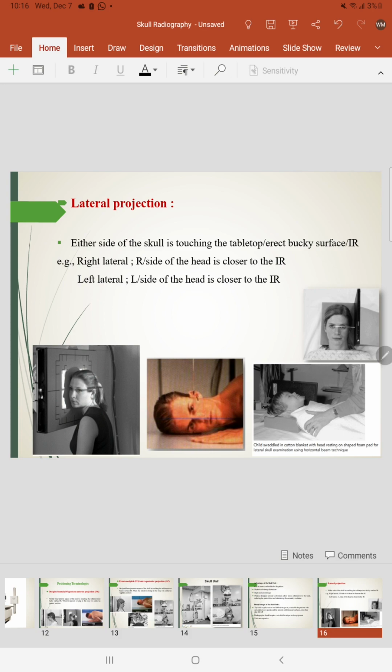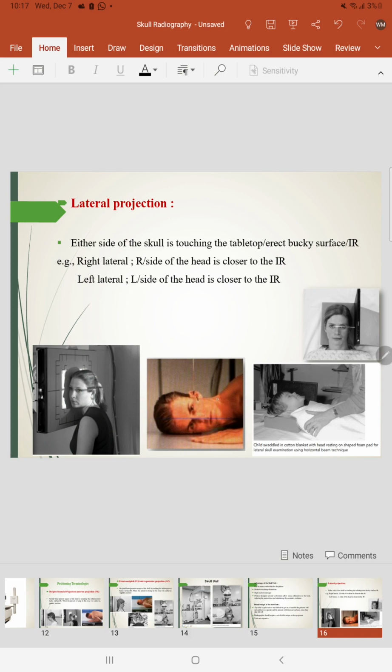Then lateral projection. Either side of the skull is touching the tabletop or erect bucky surface. There are some examples. Right lateral means the right side of the head is closer to the image receptor. Left lateral means the left side of the head is closer to the image receptor.